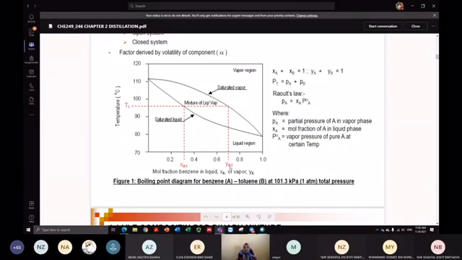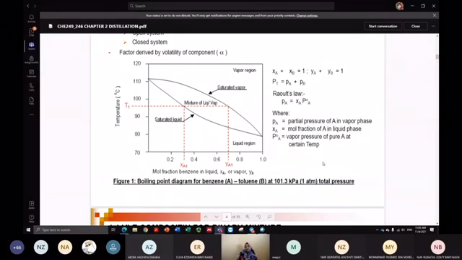When the liquid and the vapor reach equilibrium, the same temperature exists for the liquid composition X and the vapor composition Y. At this same temperature, the composition of the vapor and the composition of the liquid are in equilibrium.